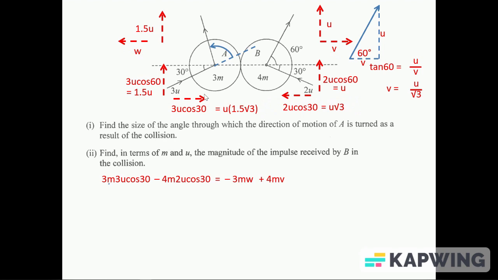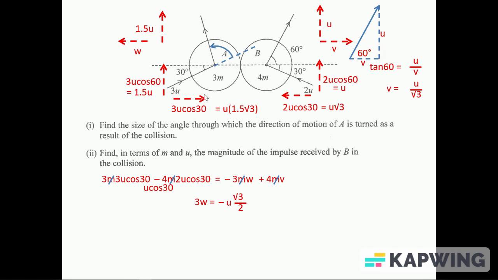I'll get rid of the m's first. The left-hand side actually is 9u cos 30 minus 8u cos 30, so it's just u cos 30 on the left-hand side. I'm going to say w equals, so I'll take the minus 3w over and the u cos 30 over. So that'll be minus u cos 30 on the right-hand side, or minus u times root 3 over 2.